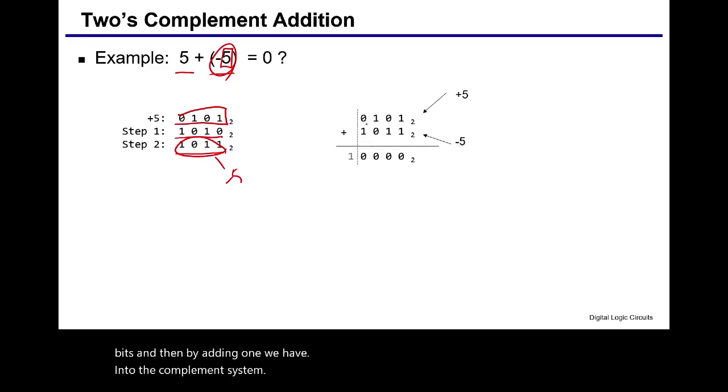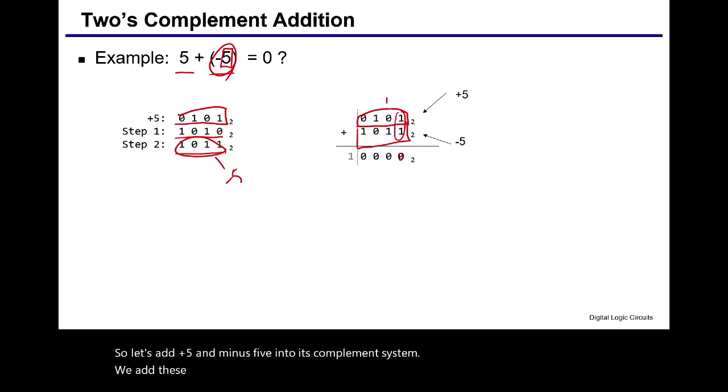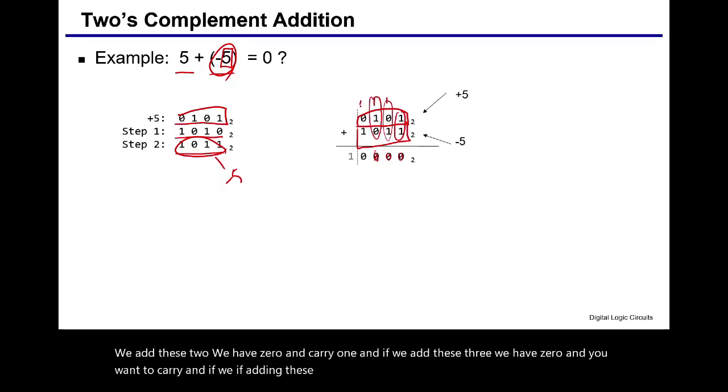And step 1 is flipping all the bits, and then by adding 1, we have -5 in two's complement system. So let's add +5 and -5 in two's complement system. If we add these two, we have 0 and carry 1, and if we add these 3, we have 0 and 1 carry, and after adding these two, we have 0 and another carry.